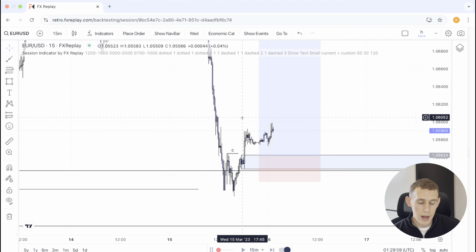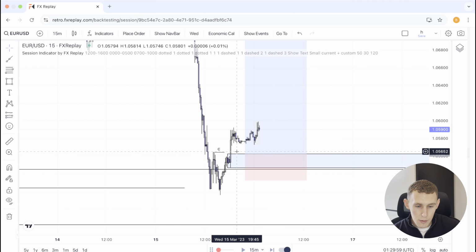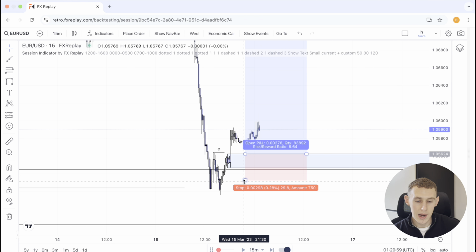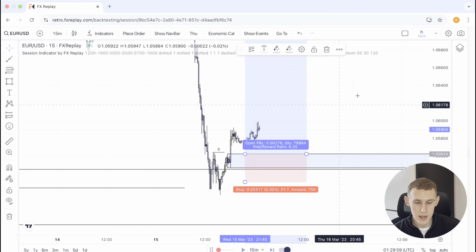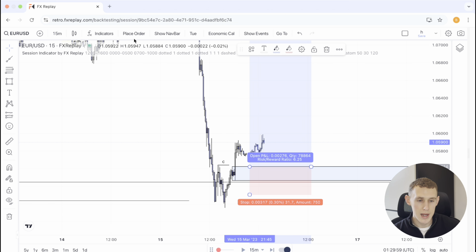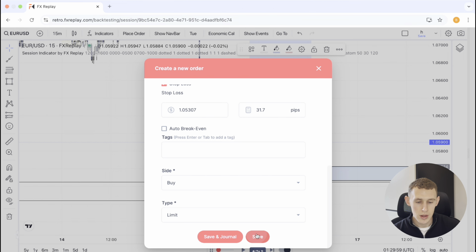The thought process behind this is that if price breaks this demand zone, there's not really anything stopping it from breaking the low. So it's not really necessary to have stops all the way below this low in my opinion. The most logical place is just to have it below that demand.